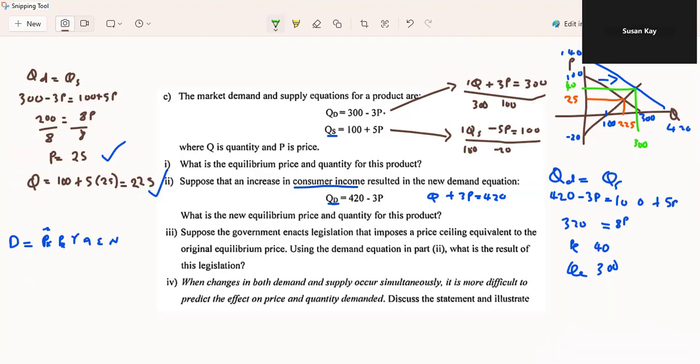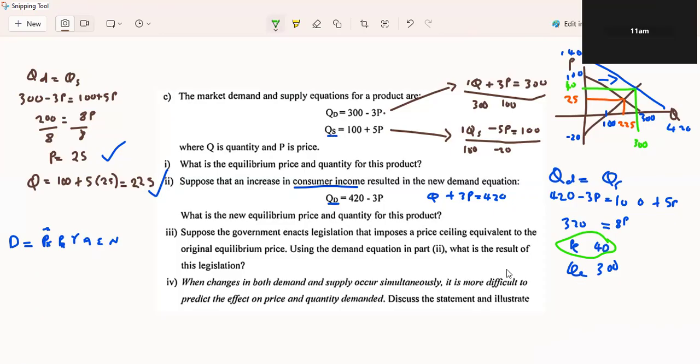How did you get that 300? The 300. So after getting this 40, are we okay on the 40 here? Yes. 420 minus 100 is 320. This one is 8, divided by that, 40. Then 300, you put it in any of them.